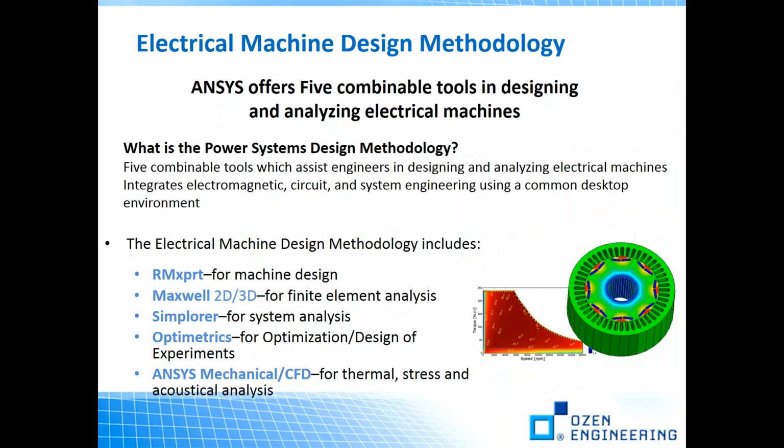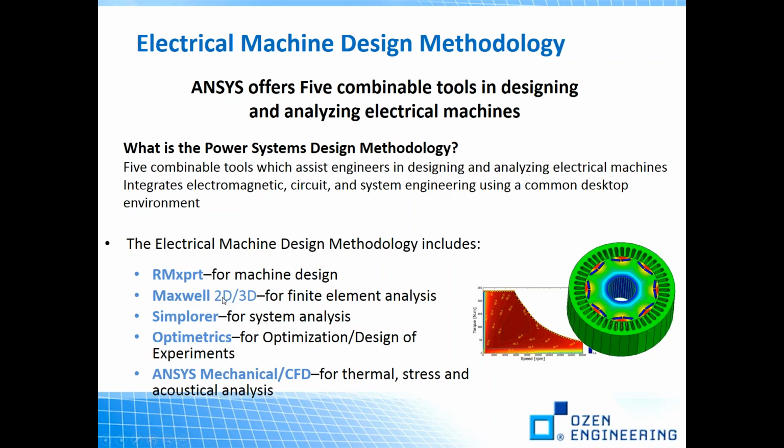ANSYS offers a design methodology for electric machines. Basically, there are 5 combinable tools in designing and analyzing electric machines in ANSYS. The first one is RMxprt, which is the template-based analytical software for motor and generator designs.